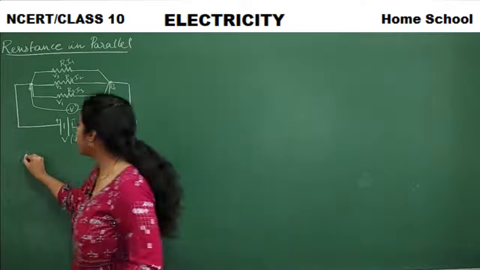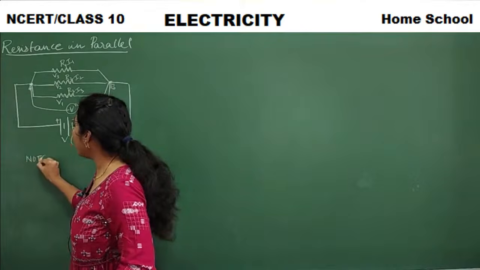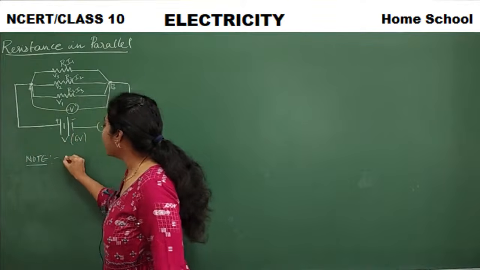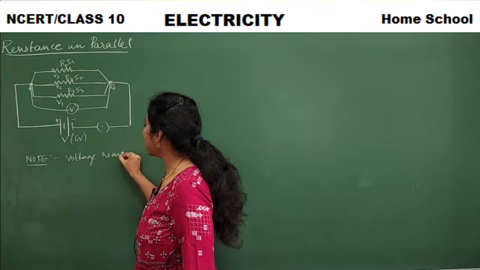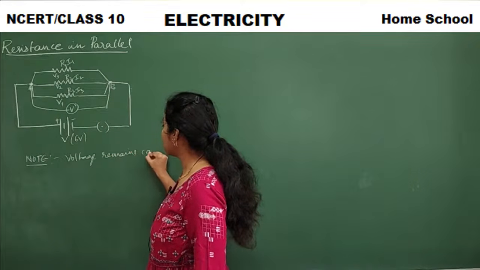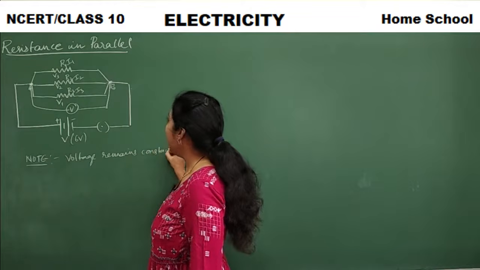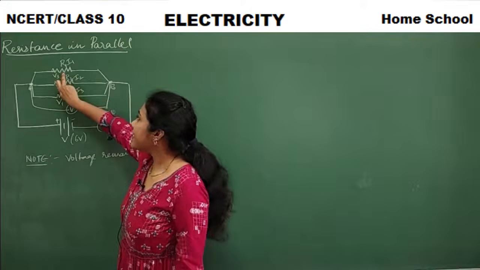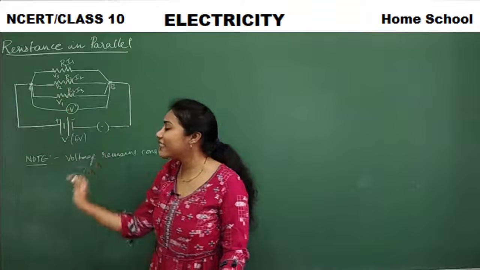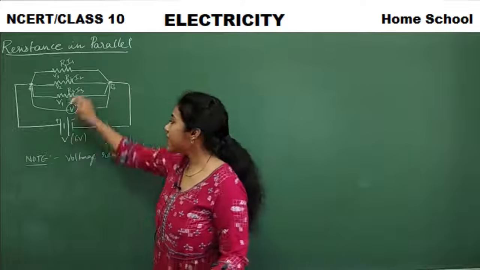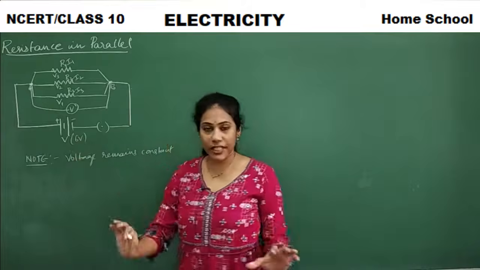All these points are very, very important. Note down, take it as a note. Here, voltage remains constant. So the R1 resistor will have 6 volts of voltage, R2 also will have 6 volts, and R3 also will have 6 volts, which is equal to the total voltage in a circuit.